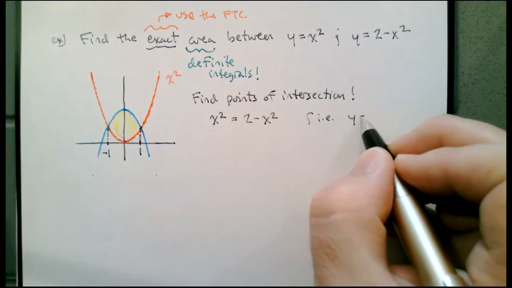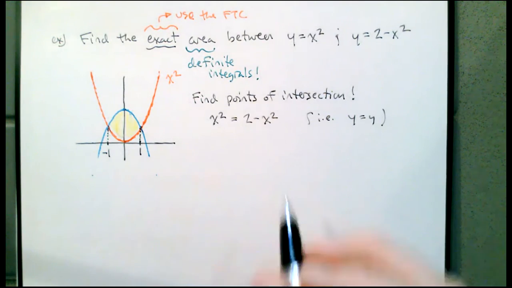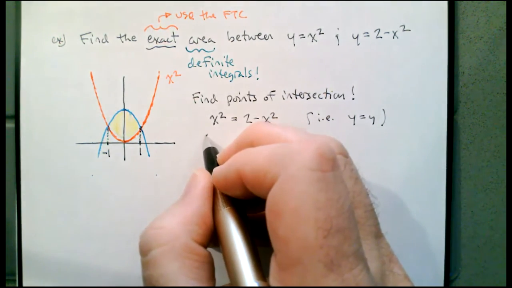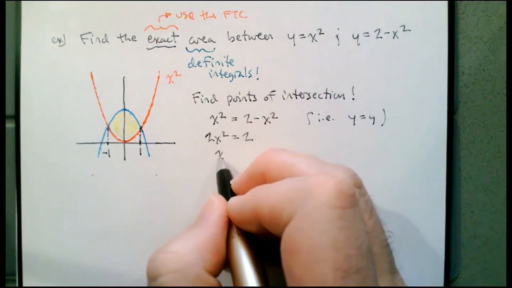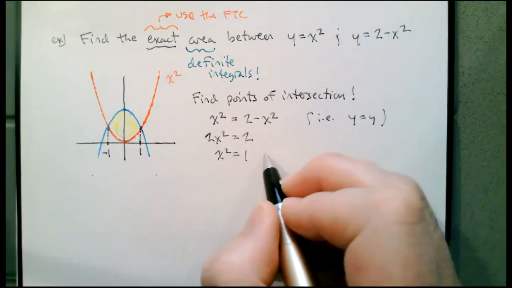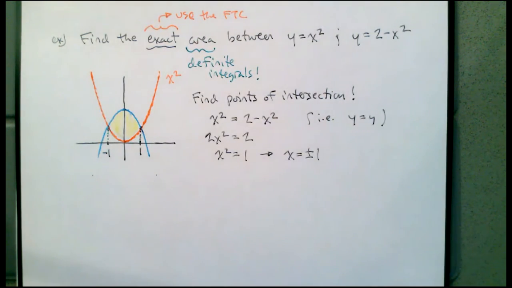That is y equals y. So I need to solve for x. x appears more than once, but if I gather my x's, I can write this as 2x squared is equal to 2. Divide out the 2, x squared is equal to 1. And this gives us our 2 points of intersection. x equals plus or minus 1, just like we suspected.